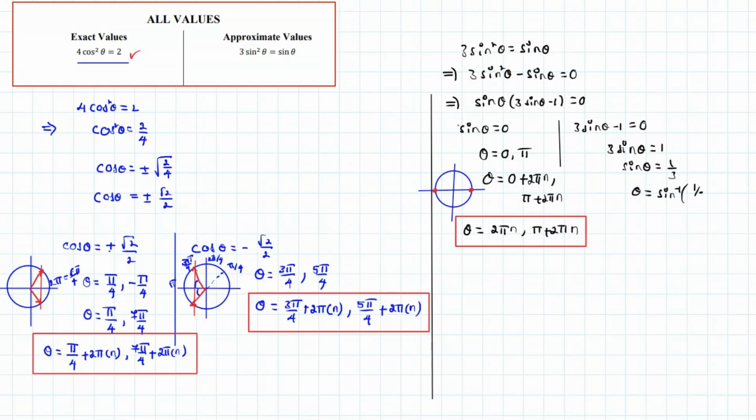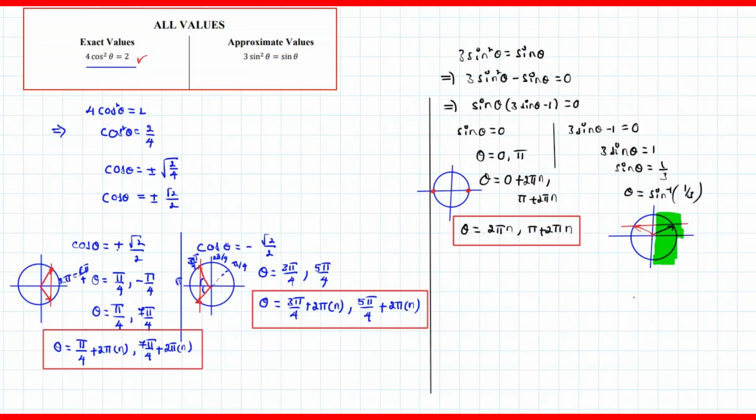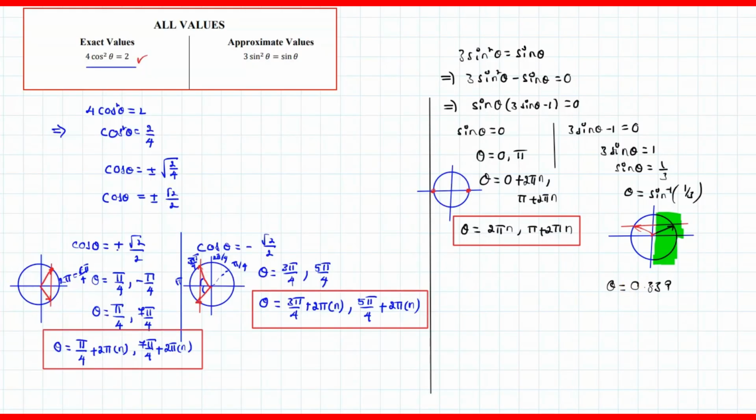Okay, let's use the calculator, press second sine 1/3. Okay, so this is 0.33985 radians. So this angle theta equal to 0.33985 radians.